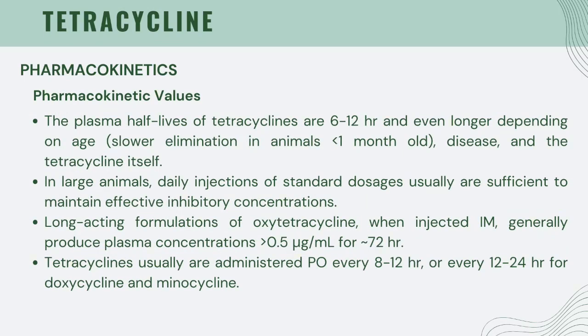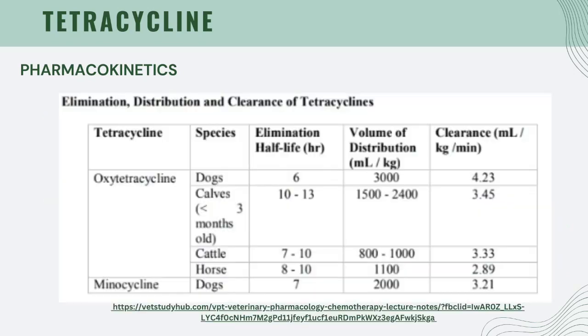The plasma half-lives of tetracyclines are 6 to 12 hours, and even longer depending on age, disease, and the tetracycline itself. The pharmacokinetic values also vary based on its classification and species. Tetracyclines usually are administered orally. Here is a table that contains the elimination, distribution, and clearance of tetracyclines.